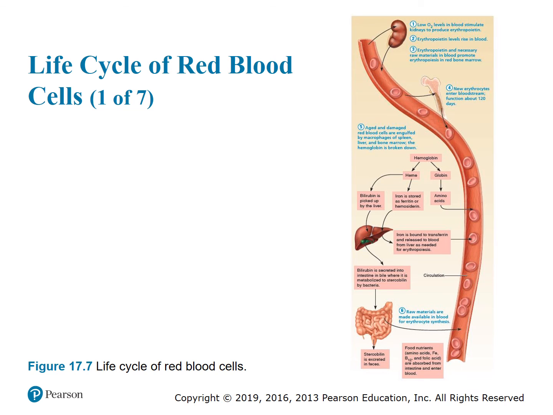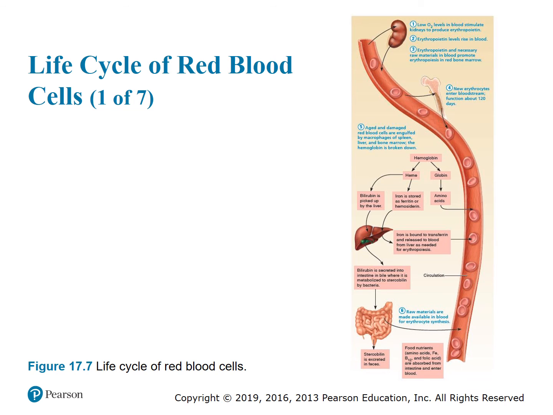The iron that is bound to transferrin is released to the blood from the liver as needed for erythropoiesis, whereas the bilirubin is secreted into the intestine in bile, where it is metabolized to stercobilin by bacteria, and then it is excreted in feces.